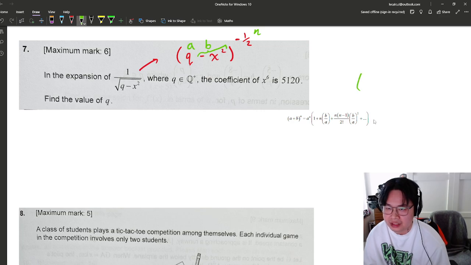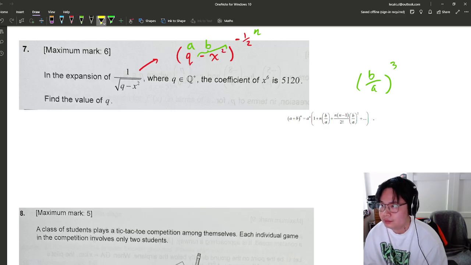Because we essentially want the third term. 1, 2, 3, oh, the fourth term. We need to the power of 3. So x to the power 2 to the power of 3 gives you x to the power of 6. So fourth term.